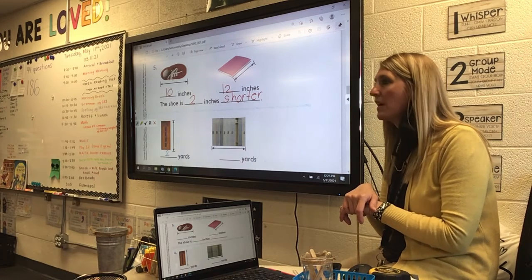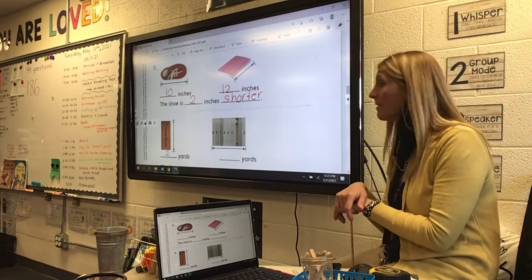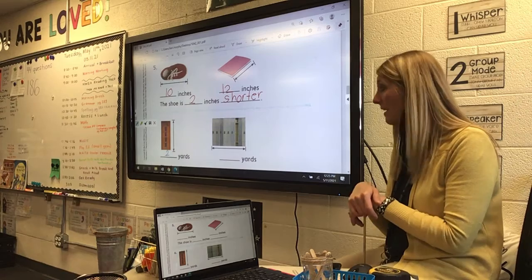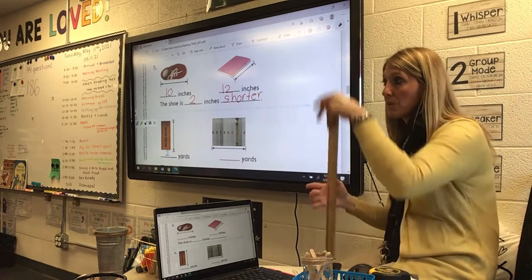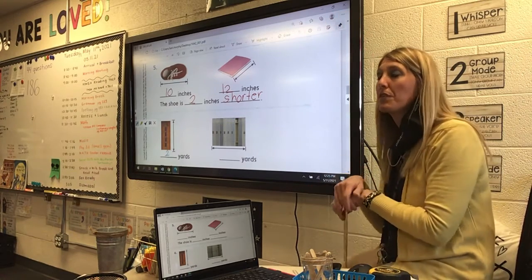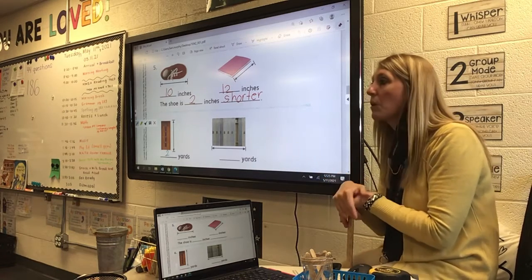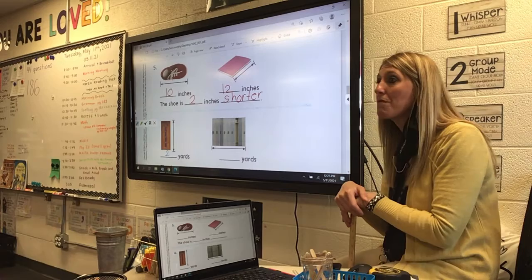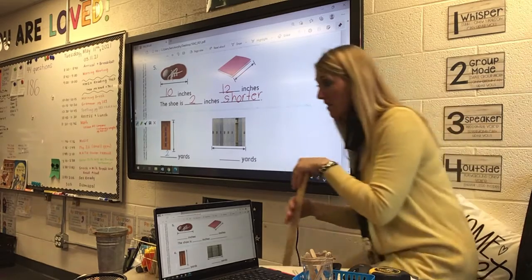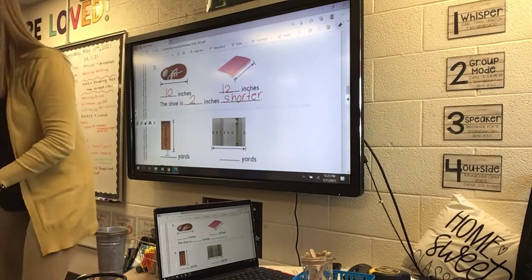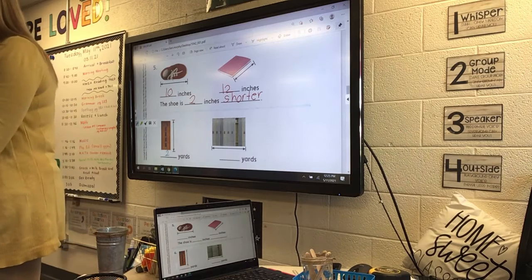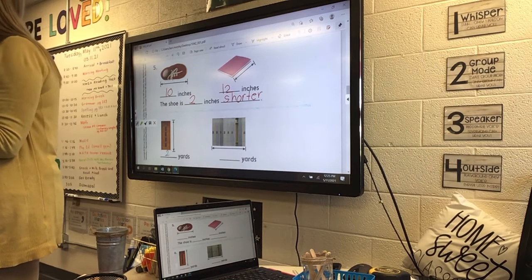All right. Now, we could definitely go out in the hallway and measure these lockers again with our ruler sticks, but we don't have to because we can think and look back at yesterday's paper where we measured the lockers in feet. So can you guys look back at your lockers? Just look back, not with your mouth, with your eyes.